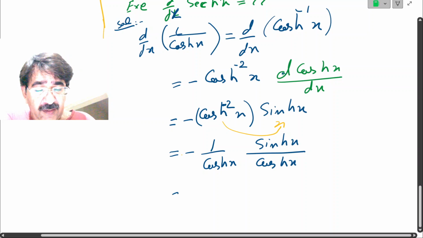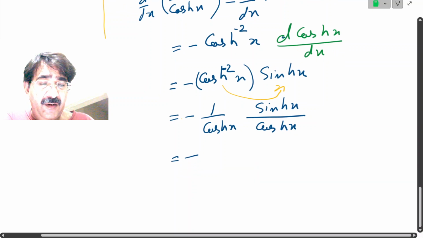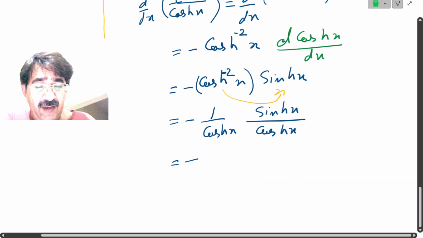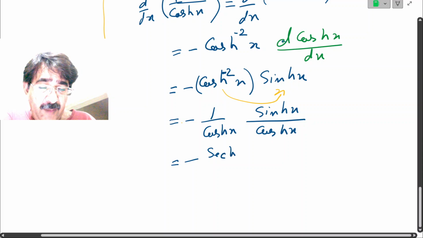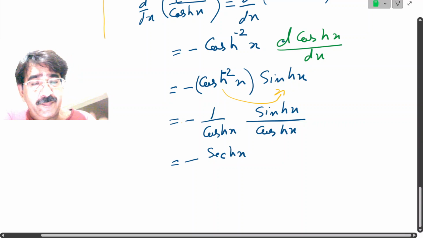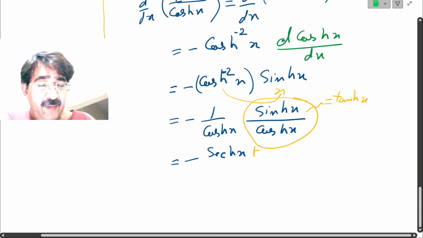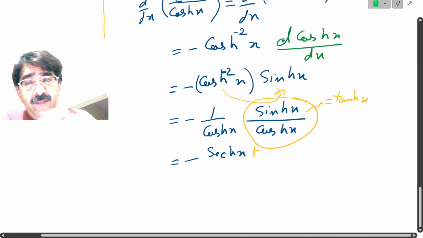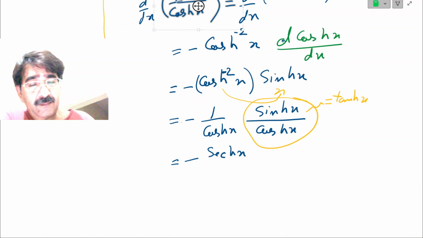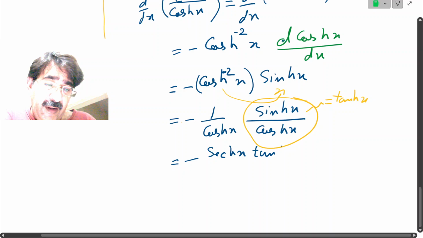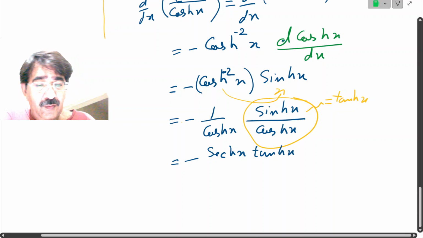As we know, 1 by cos is secant hyperbolic x, and sine over cos is tan hyperbolic x. So that will be tan hyperbolic x.